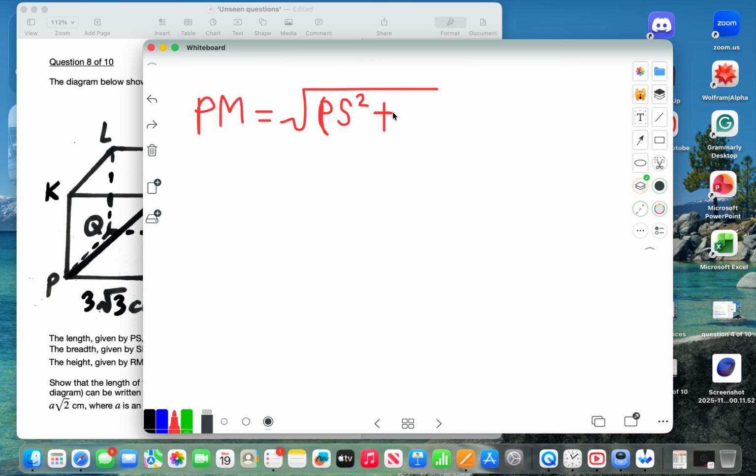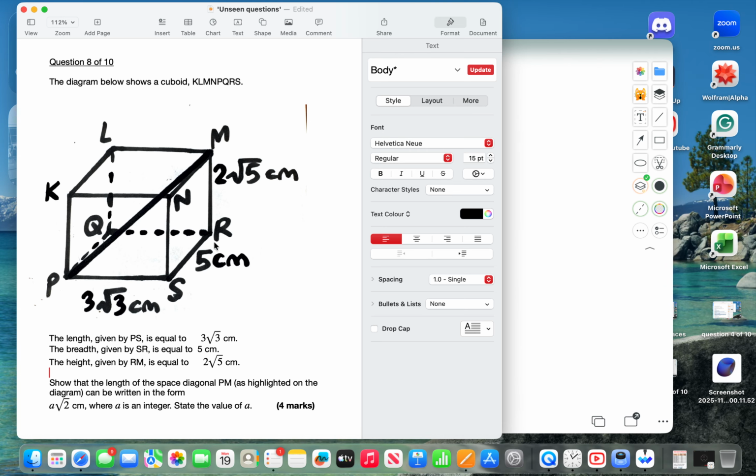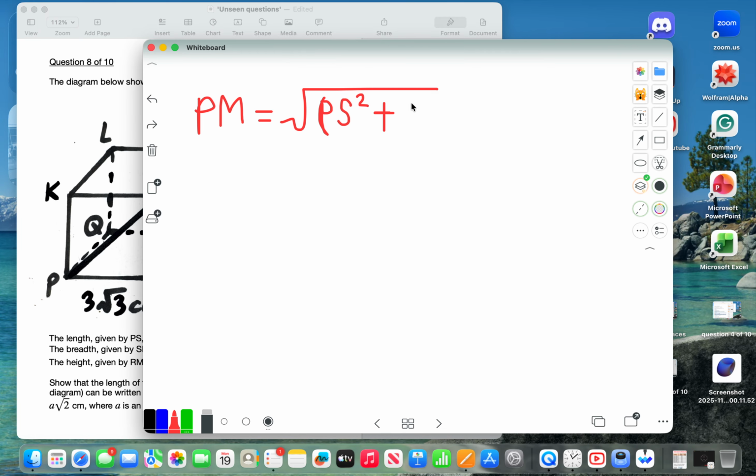The breadth is SR. And the height is RM.